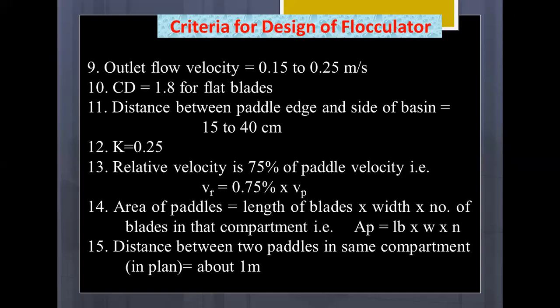Then CD is equal to 1.8 for flat blade. Distance between paddle edge and side of the basin is 15 to 40 centimeter, which we saw earlier in the diagram. So k is equal to 0.25.